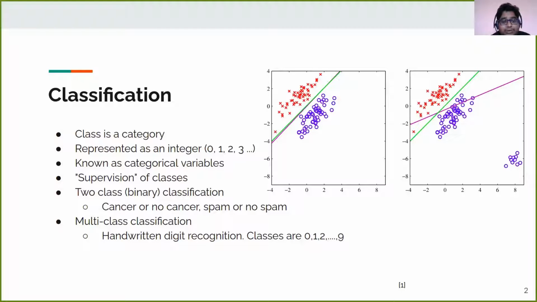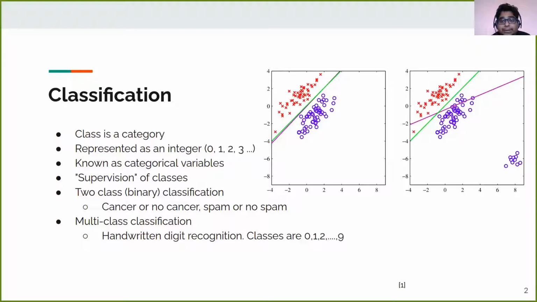In addition to binary classification, we can have multi-class classification, in which a dataset has more than two classes. For example, in a handwritten digit recognition dataset, there are 10 classes, and each class belongs to a digit, for example 0, 1, 8, 7, and so on.